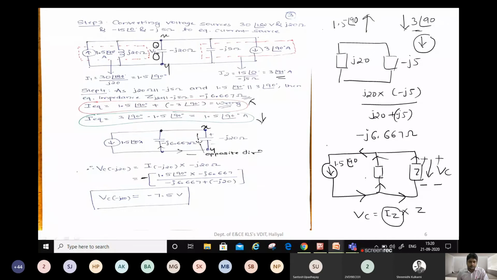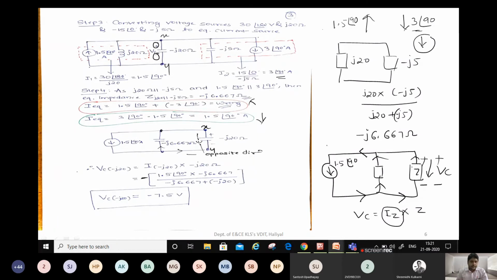Why negative sign? Because of this passive sign convention. Okay. So the interest of voltage drop is from top to down, but actual main current is flowing in the opposite direction. If we take the passive sign convention of that element, so current is flowing in opposite direction.